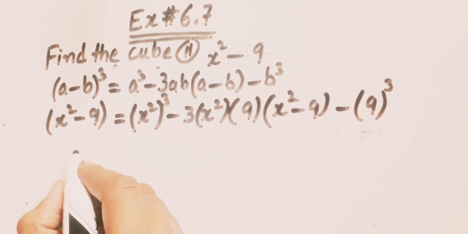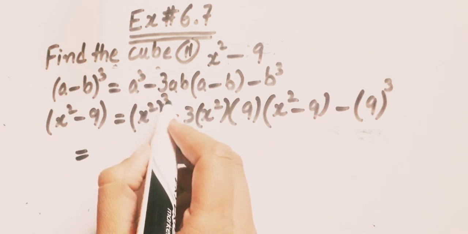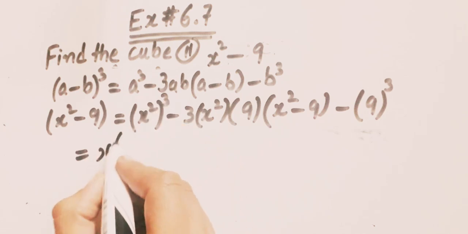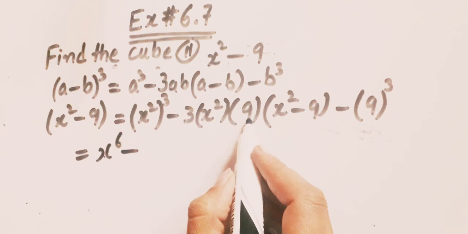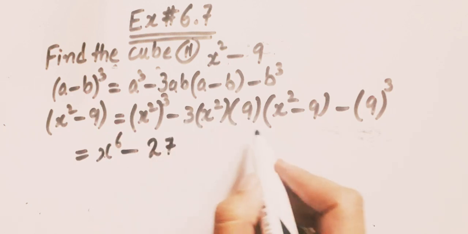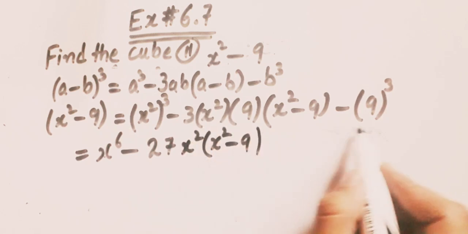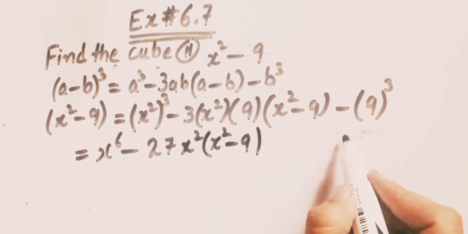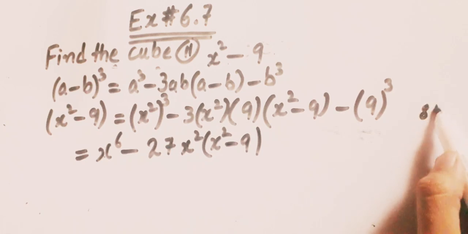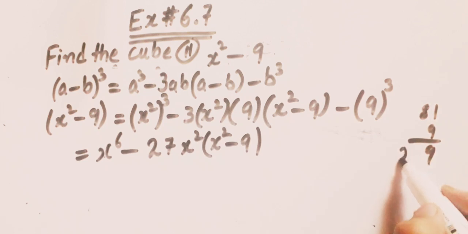So x raised to power 2 whole power 3 will become x to the power 6, minus 9 into 3 is 27, x square into (x square minus 9), and 9 cube means 9 multiplied by 9, then multiplied, 9 nines are 81. 81 multiplied by 9 will become 729.